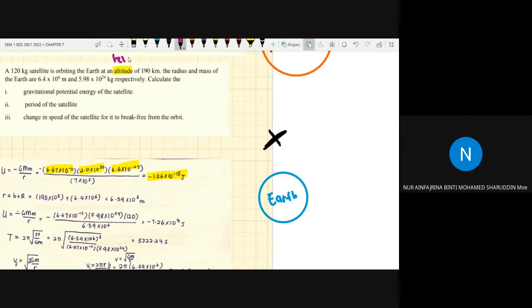Height, very good. Or in Malay, ketinggian. So the altitude is 190 kilometer. The radius and mass of the Earth, we know the radius of the Earth is the radius of the Earth, and its mass is 5.98 times 10 to the power of 24 kg respectively. Calculate the gravitational potential energy of the satellite.